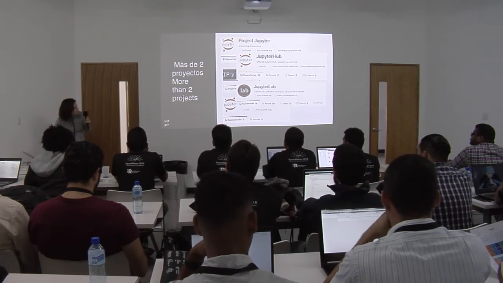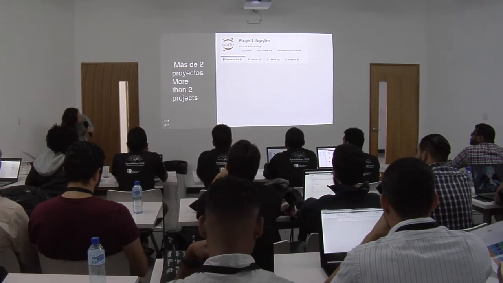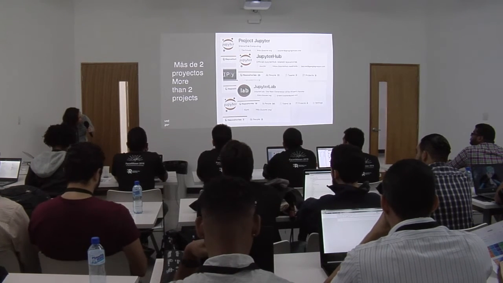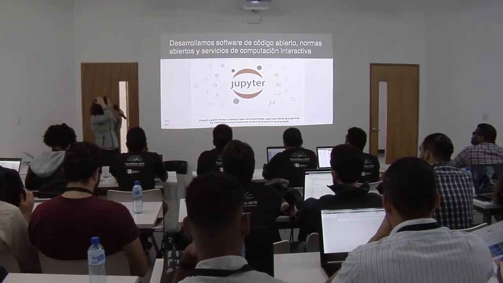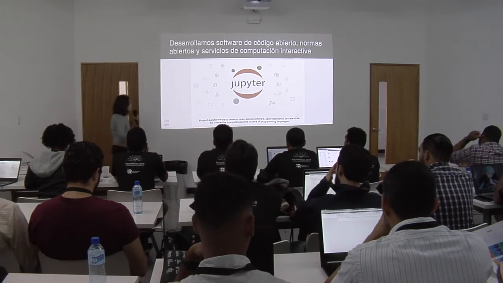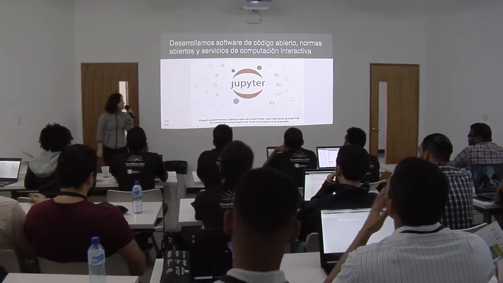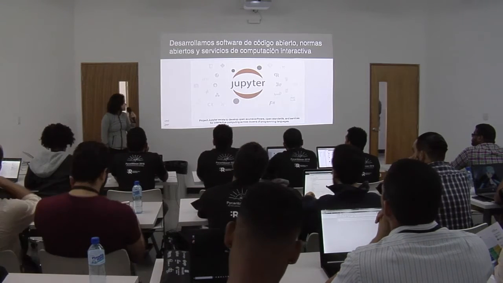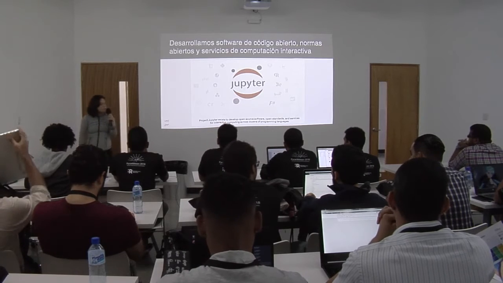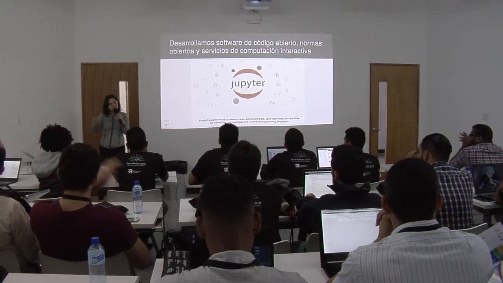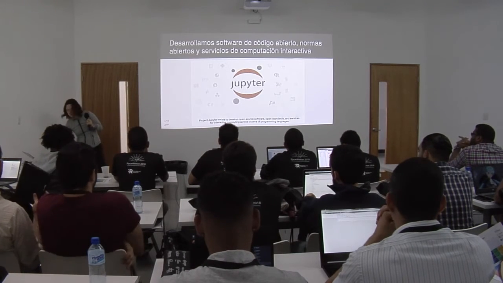So esos son más de 2 proyectos. So we see here, it says Project Jupyter exists to develop open source software, open standards, and services for interactive computing. And so, as you can see, we have lots of different things going on.